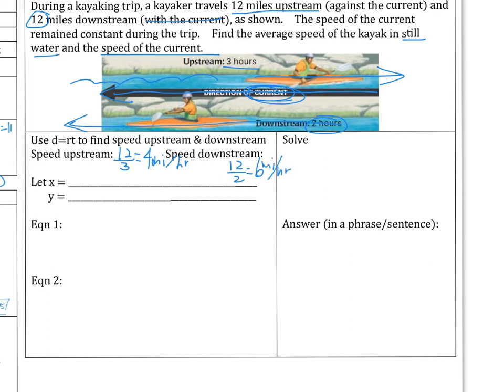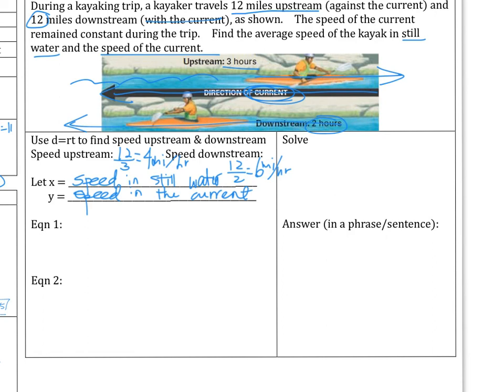And then here we can let x equal the speed in still water and y be the speed of the current. So we have two equations here.